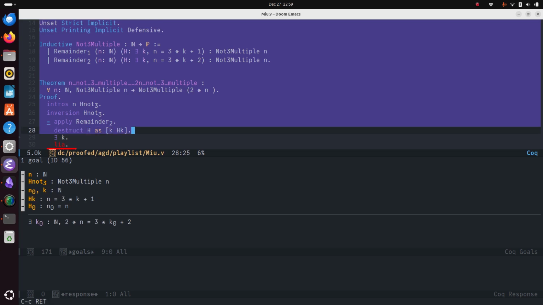Copilot is trying something, but this is definitely not correct.